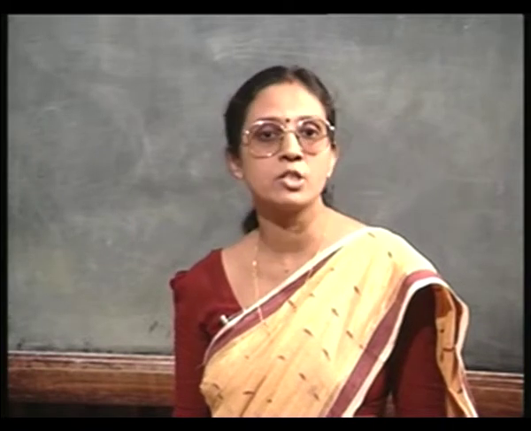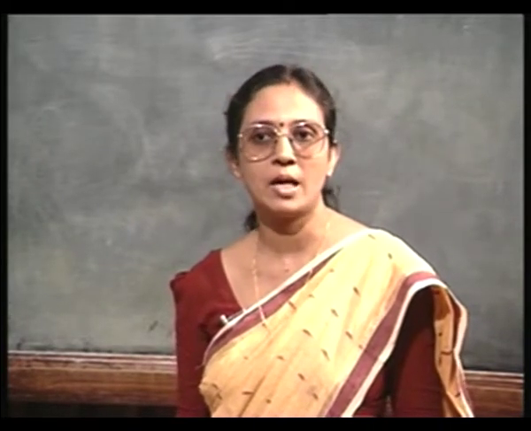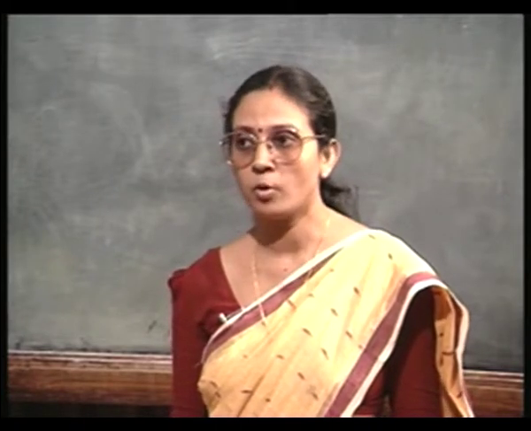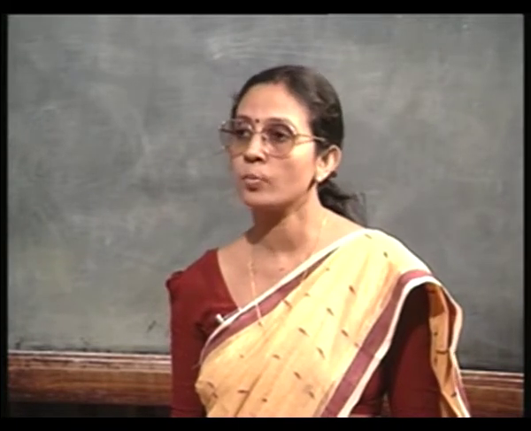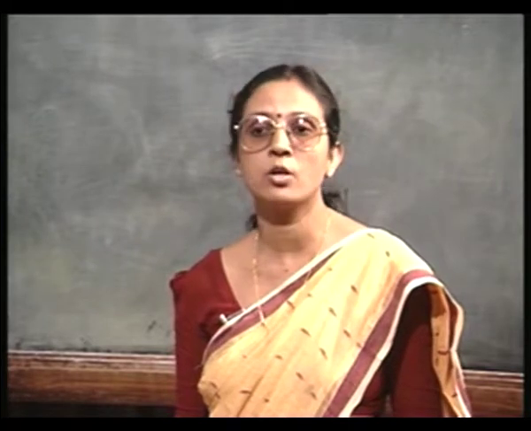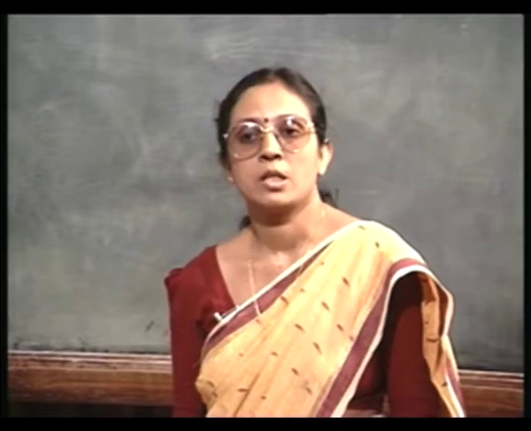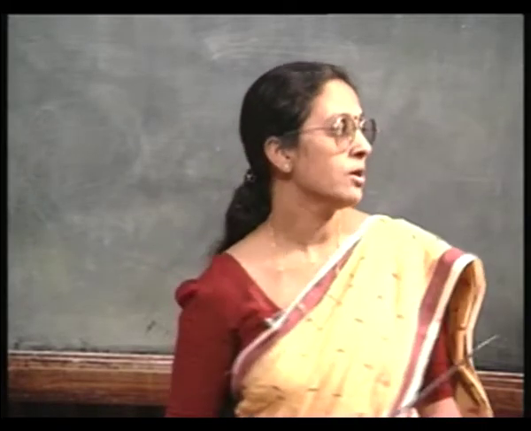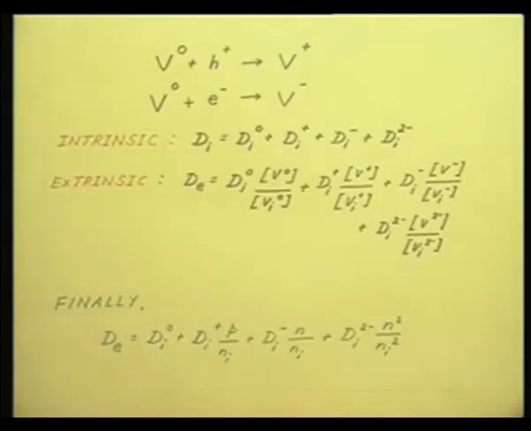So, in a real life situation everything is possible. You can have for very high concentration d proportional to n square, for moderately high concentration d proportional to the concentration, either n or p depending on whether it is donor type or acceptor type, and you can also have d is a constant, in which case we say that the intrinsic condition is dominating.